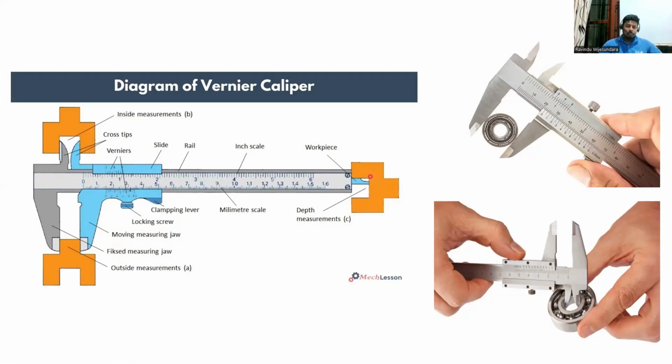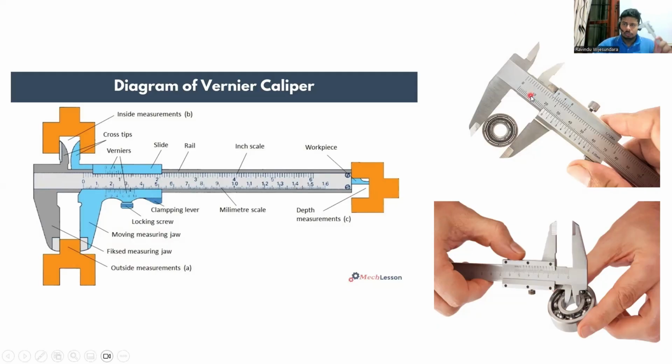Right. Now let me show you the real life vernier caliper that I have. This one is actually a similar kind of one to what is shown in the diagram on the right hand side.